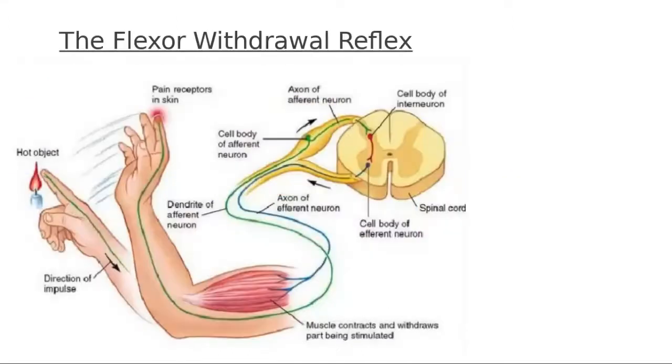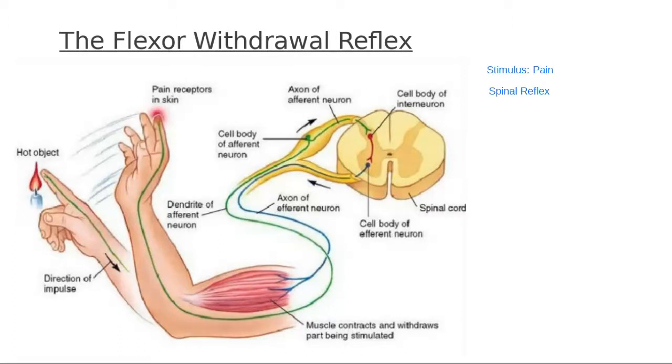Here's that last reflex we mentioned. Flexor withdrawal reflex. What did we say the stimulus was on this one? Stimulus on the flexor withdrawal reflex. Yep, this is another one that is tripped by pain. Is this one cranial or spinal? What kind of reflex is the flexor withdrawal reflex?